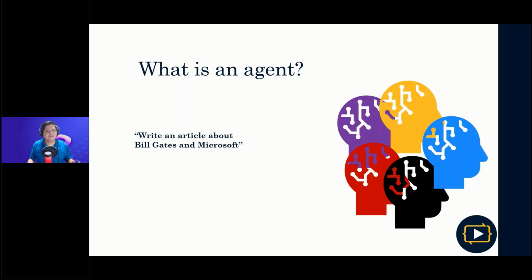But imagine that you have different persons or different agents. Let's call them agents. Each one of the agents has a very specific task to perform. For example, one of the agents has to retrieve the information from the different websites. Another agent has to review the useful information.